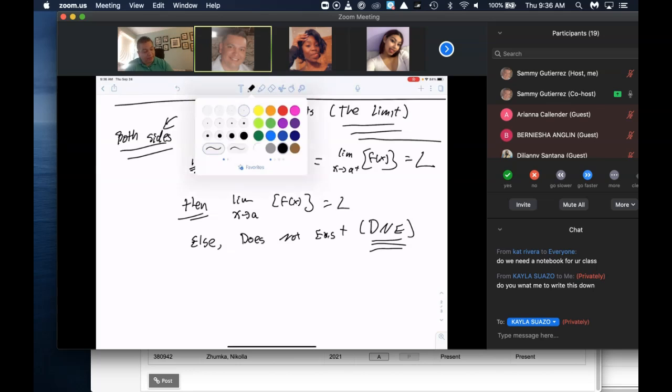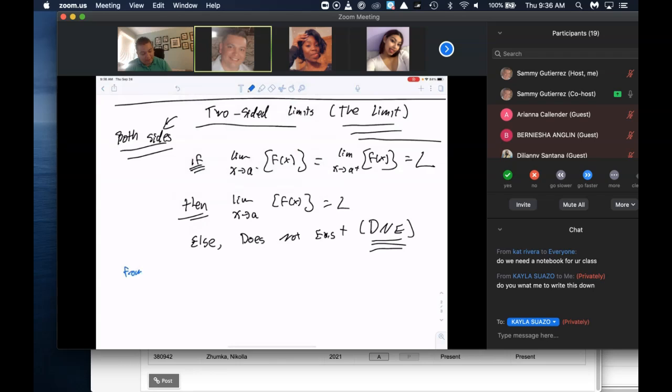So in that example that we just did, the limit as x approaches 2 from the left of f of x was 30. The limit as x approaches 2 from the right-hand side of f of x was 30.